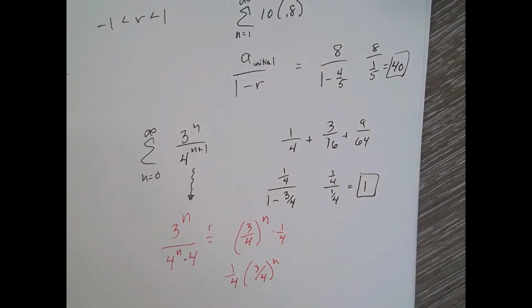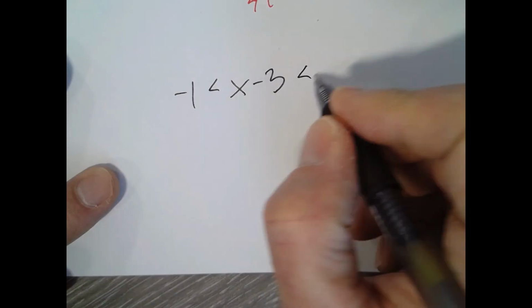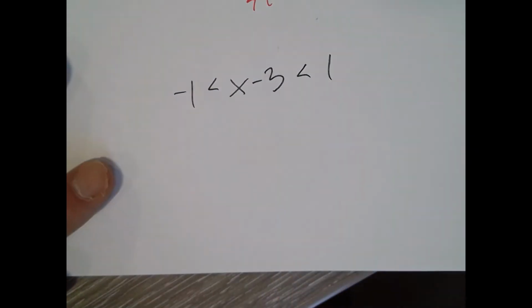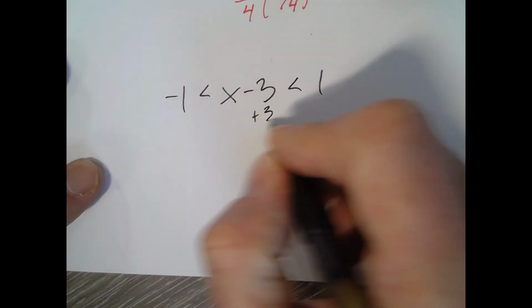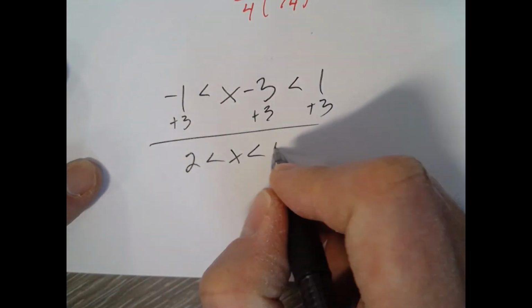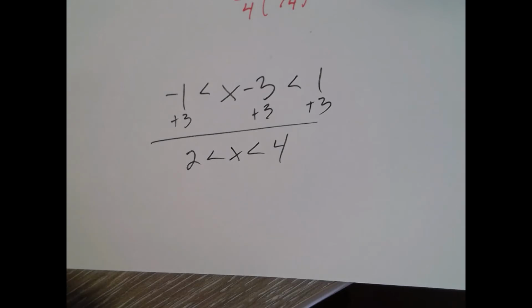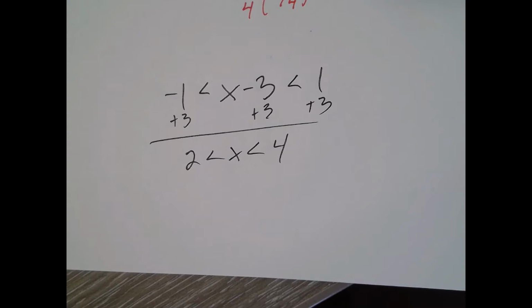So if I want to figure out where it converges, I would say, in order for it to converge, that has to be greater than -1 and less than 1. Okay, so then we just solve that inequality. I'm going to add 3. So I get 2, 4. So the question would be, where does it converge? It converges if x is between 2 and 4. It doesn't converge if x is greater than 4 or less than 2.